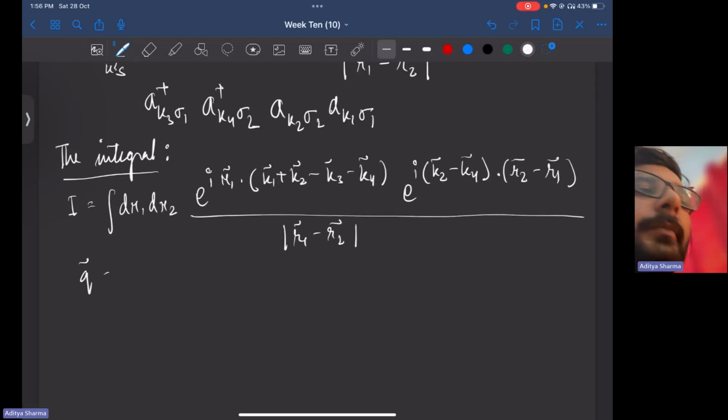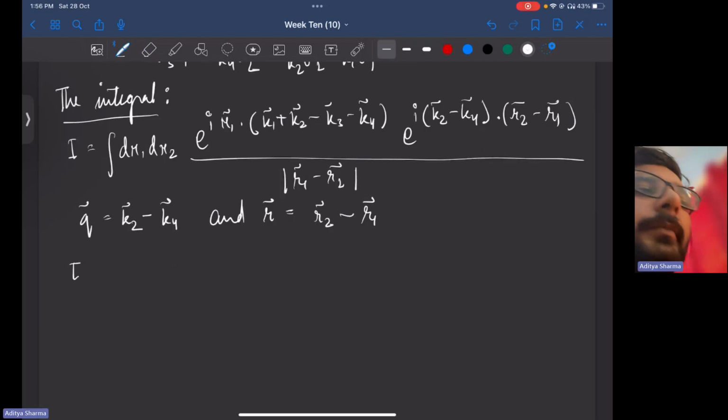So we'll call Q as K2 minus K4 and R as R2 minus R1. Then we get I as integral dR. The Jacobian of transformation is just 1, because R1 is here, we are only replacing R2 and R2 has a positive sign in front of it. So it's just this thing.